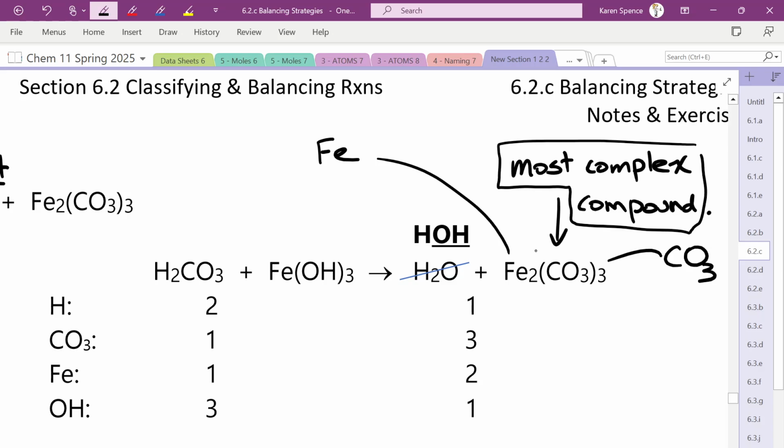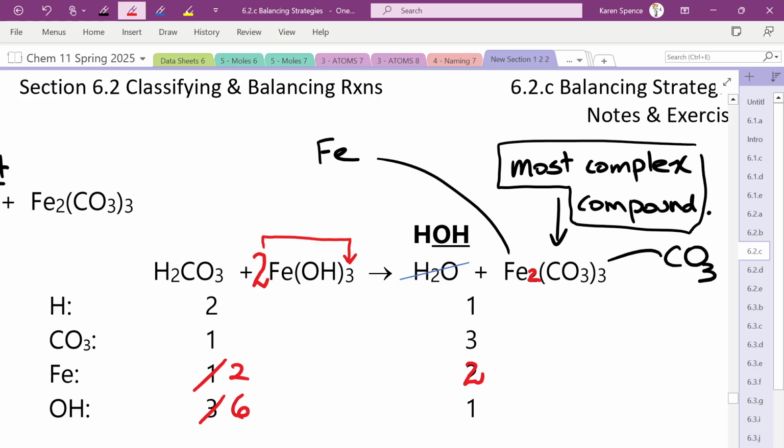So my iron, I have 2 iron on the left. So let's put a 2 in front of the iron on the right. That gives us 2 iron. That changes my hydroxides from 3 to 6.